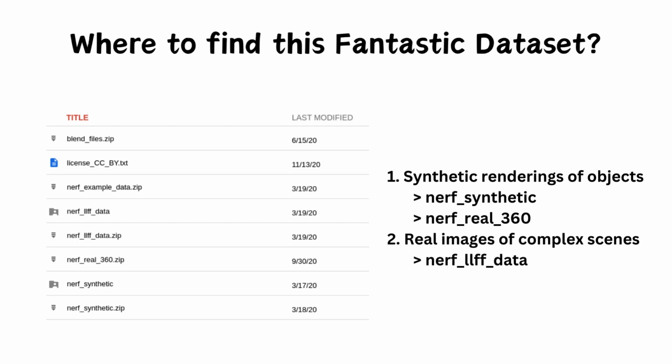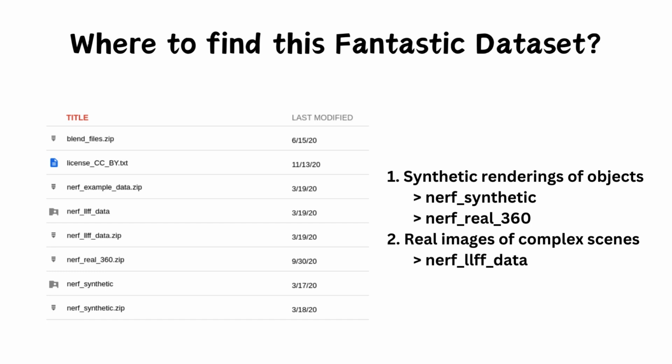Synthetic dataset has images of chair, drums, ficus, hot dog, Lego, materials, mic, and ship. And coming to the stats of this dataset, it has 8 scenes, 100 training images, 100 validation images, 200 test images, and each image is of 800 cross 800 pixels.